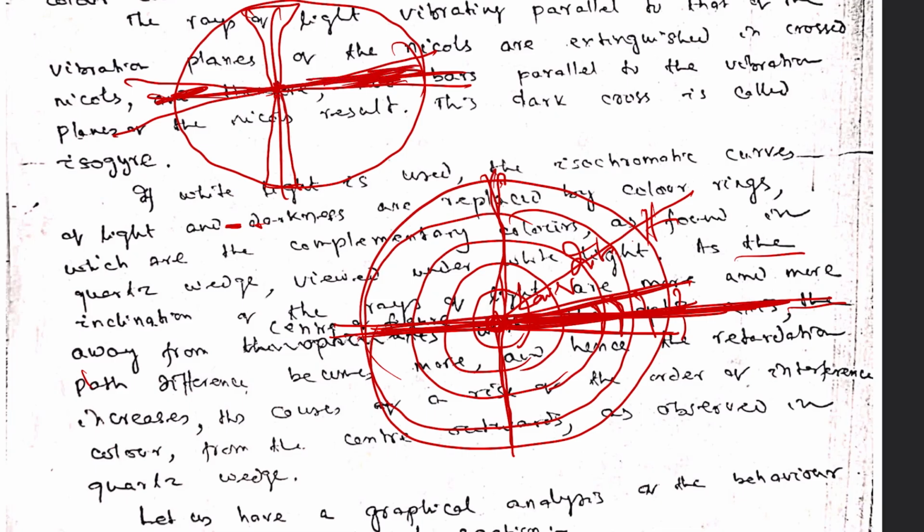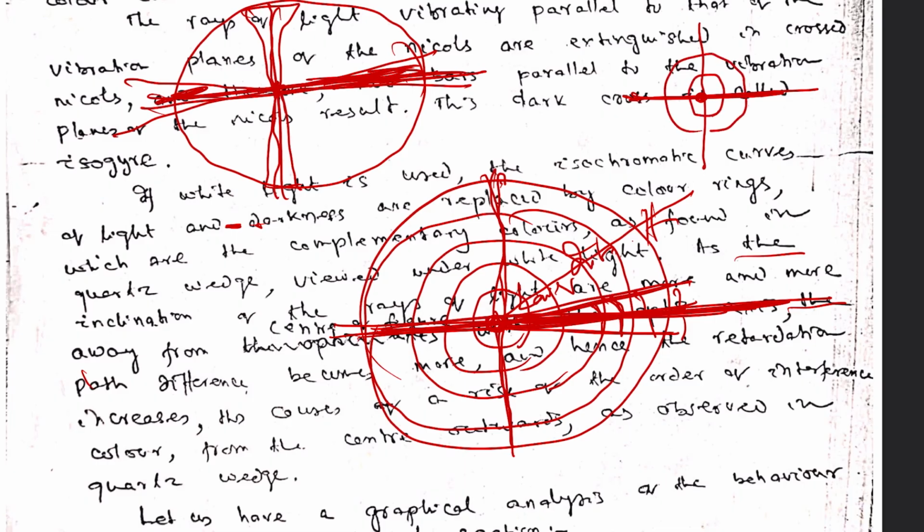But the very dark line is the line parallel to the polars. And as we move, this is the portion of the two optic axes. So this is the dark line, and these are the rings.